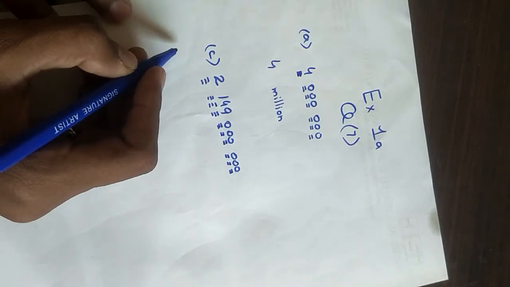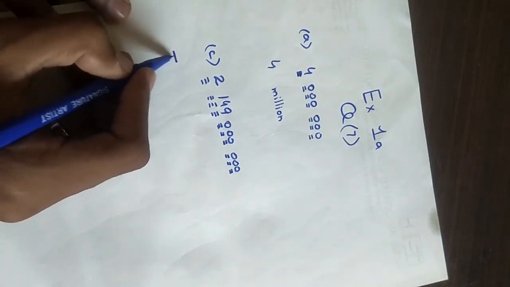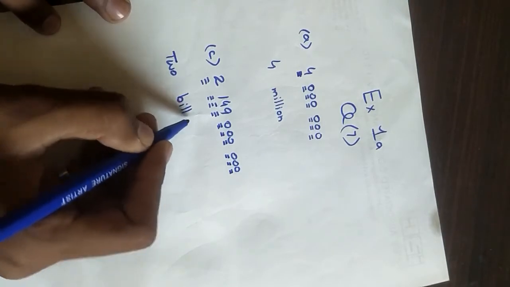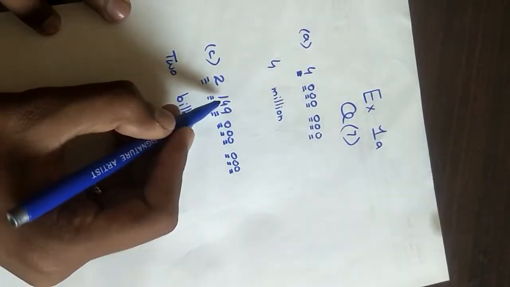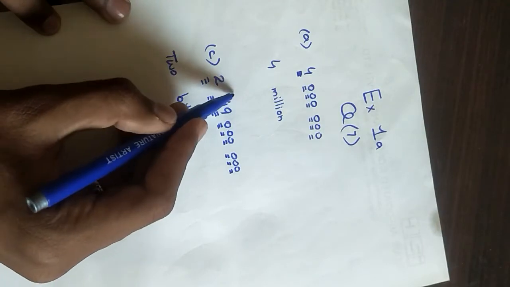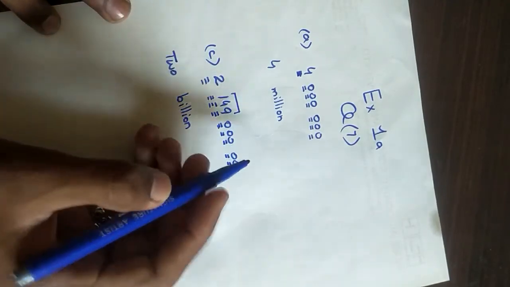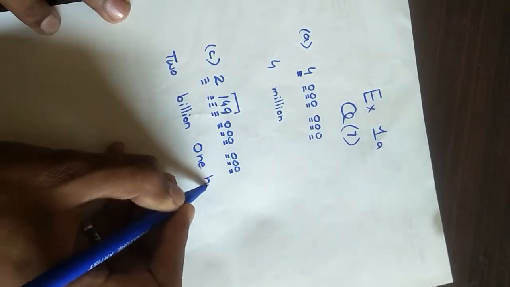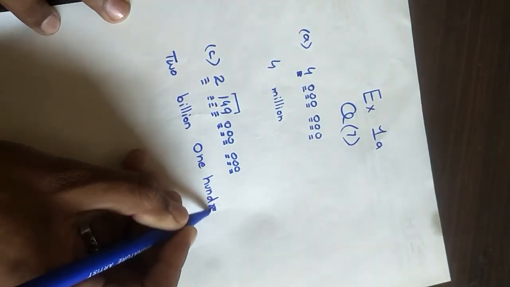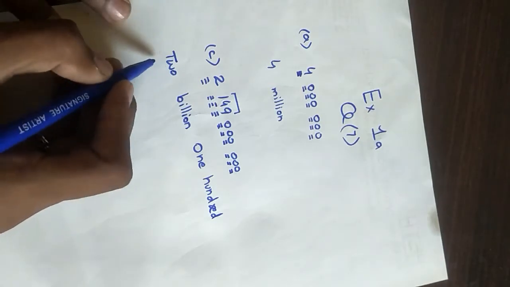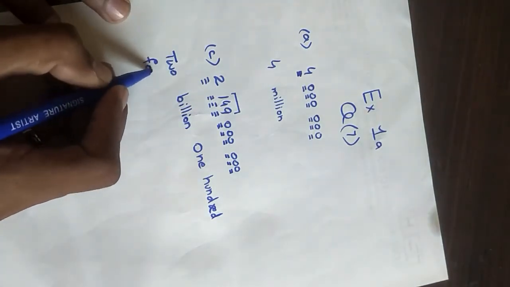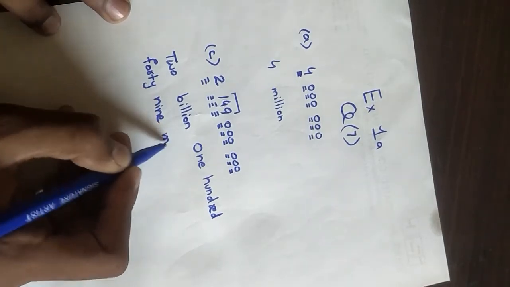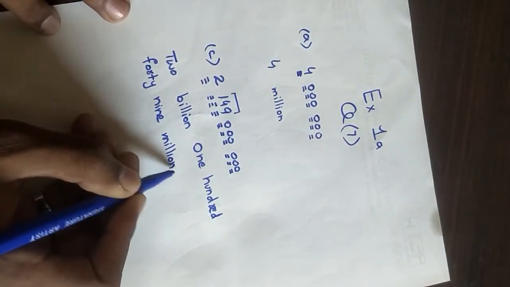So the answer of this question is 2 billion, 149 million, because this is the millions period.